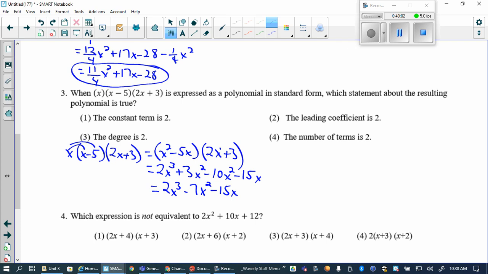What's the degree here from yesterday? 3, the highest exponent. So the leading coefficient is 2. Is that true? Because it's a 2, this coefficient on the thing with the, what about the number of terms is 2? Obviously not, right? So choice 2. Okay?